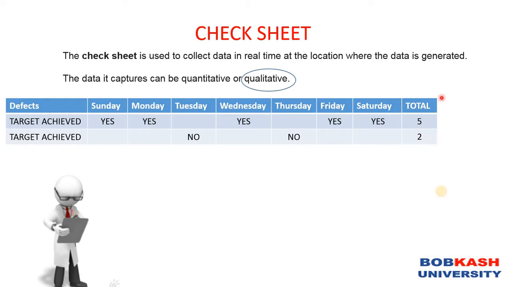This type of data is also a check sheet. But it is called the qualitative check sheet because you cannot measure them in numbers, right? Although you are measuring here, each reading you cannot measure. It is only yes, no, yes, no, yes, no. So this is a check sheet.